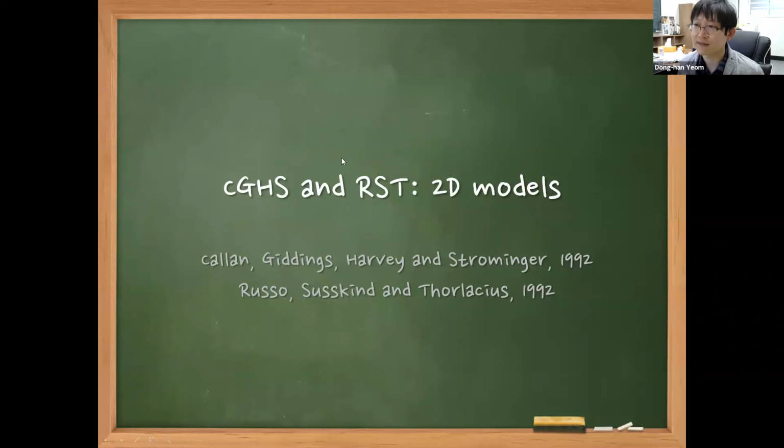The famous one is the RST model, Russo-Susskind-Thorlacius, in 1992. This second model is very surprising because it can describe everything from the formation to the dynamical evaporation of the black hole by a compact, single, analytic formula. A very simple formula includes everything about the formation and evaporation of the black holes.